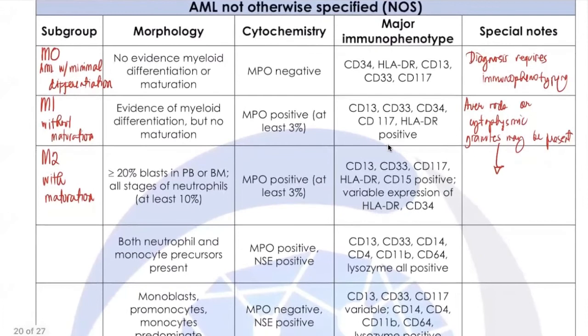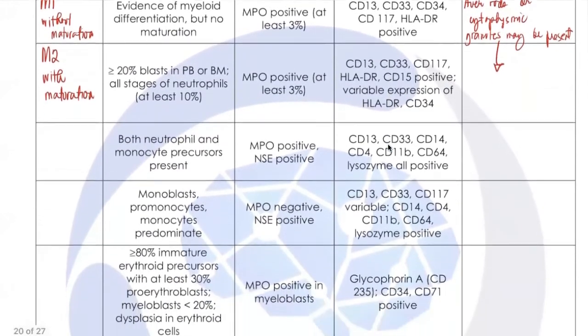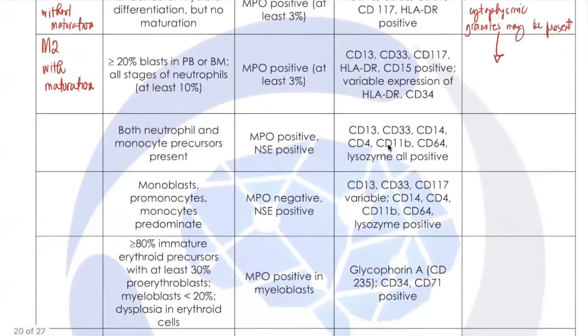Okay, so next is the acute myelomonocytic leukemia. Okay, or yung tinatawag natin na M4. So M4 is acute myelomonocytic leukemia.